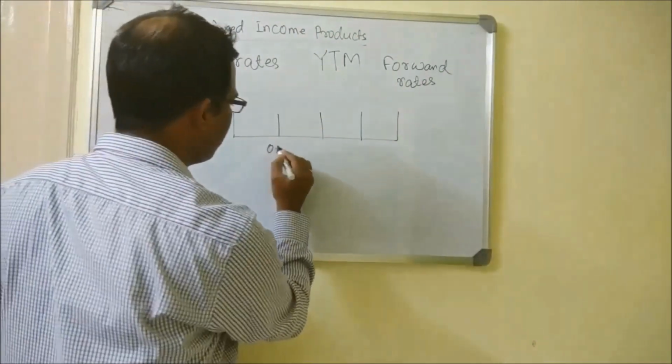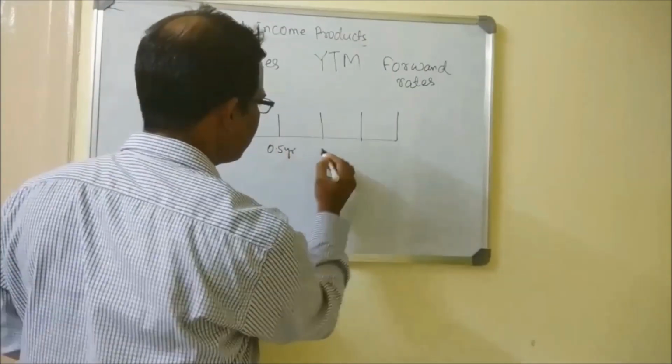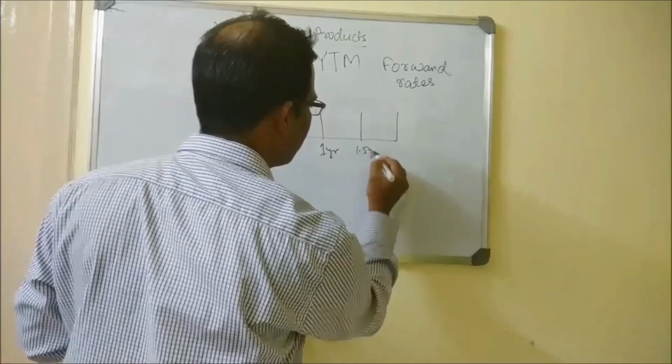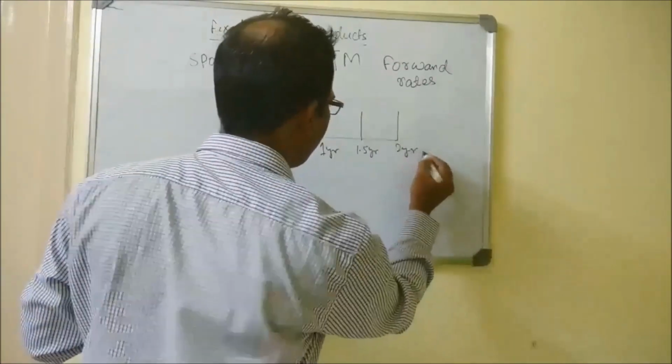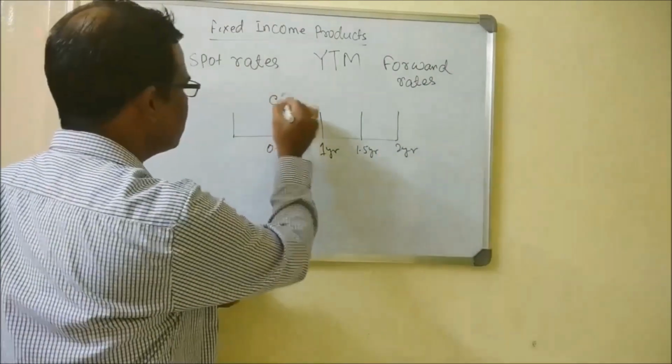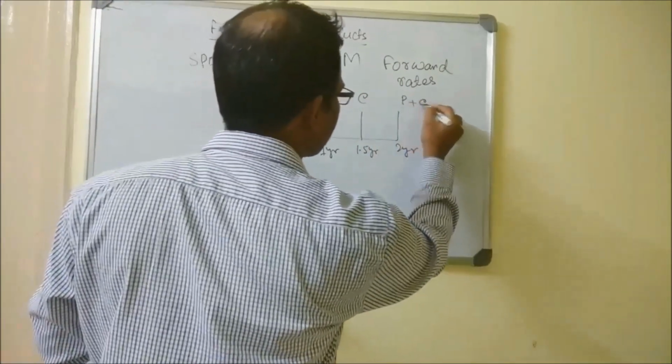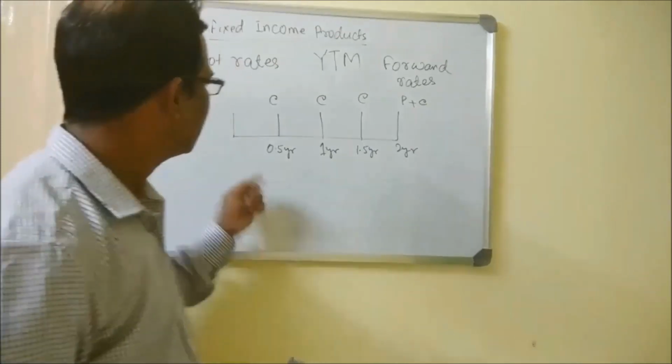Everything will be yearly, so 6 months, 1 year, 1.5 years, let's say only a 2-year bond, receiving coupons C, and at the end I will be receiving P plus C, right?